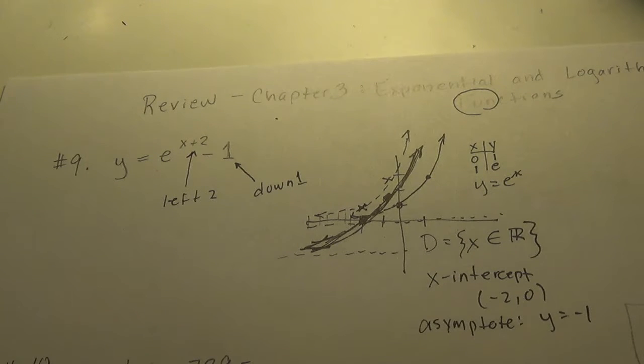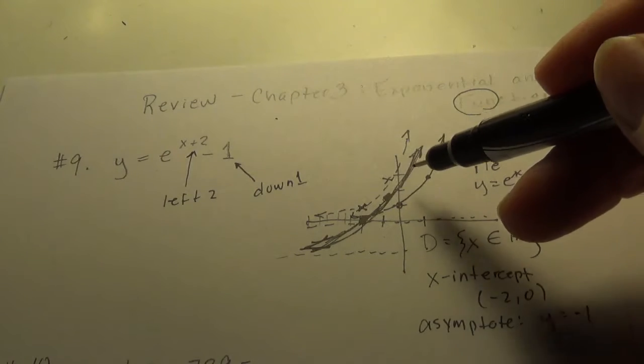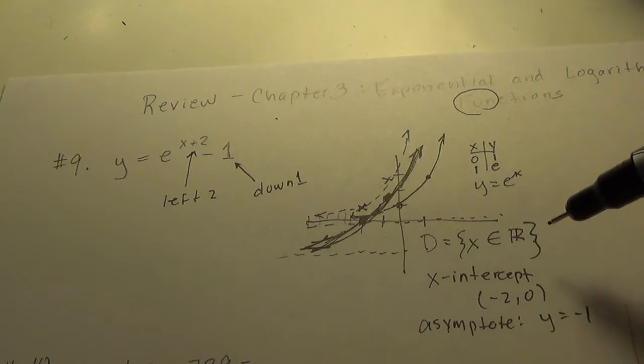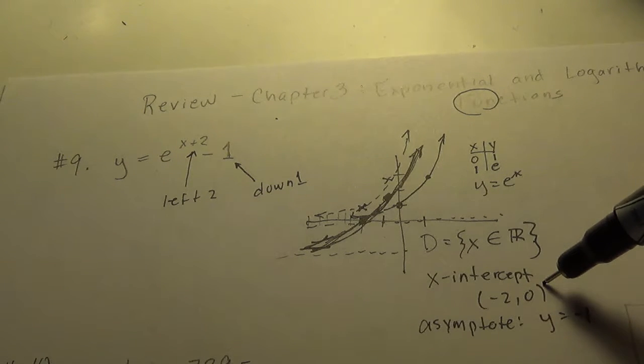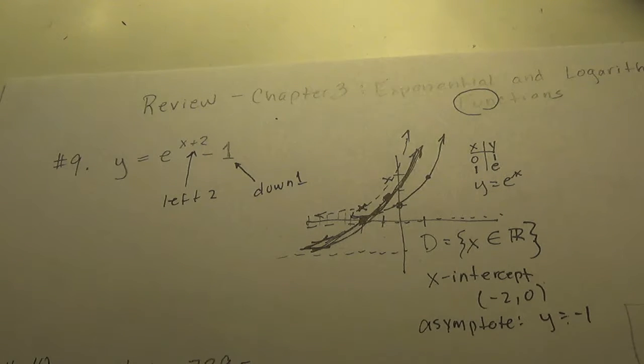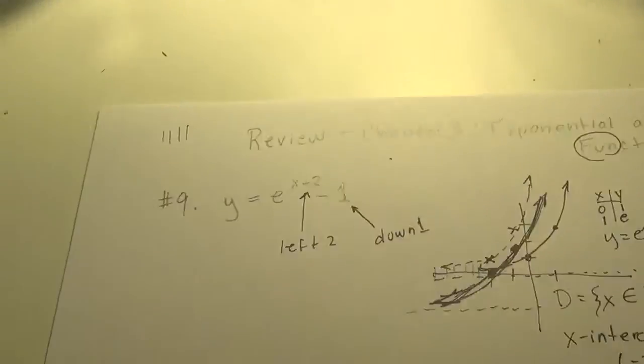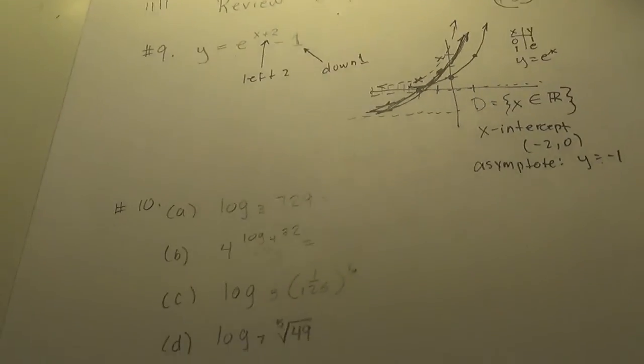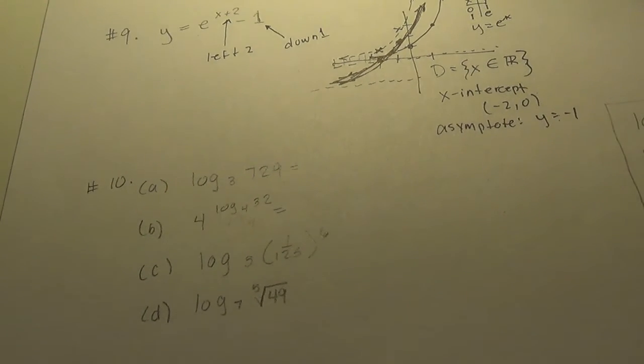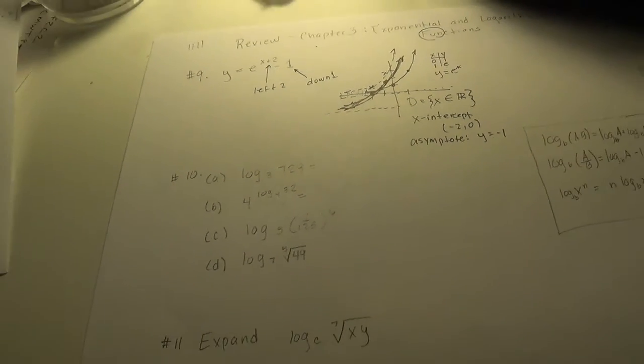All right, so tally. Let's see, a tally if you got the graph, a tally if you got the domain, a tally if you got the x-intercept, and a tally if you got the asymptote. So up at the top you could have 4 tallies, and I hope you do. But if not, the important part is you can do it on the test.